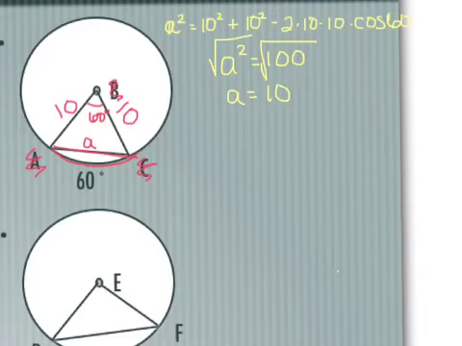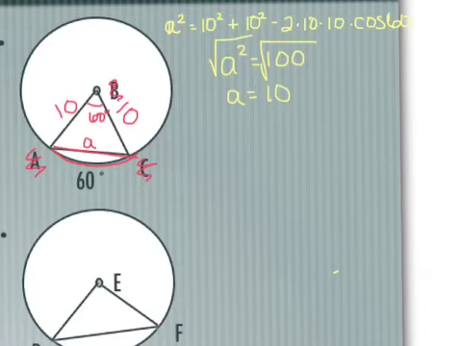That should make sense because if these two sides are equal, and this angle is 60, these two angles have to be equal. If I subtract from 180 and divide by 2, these two angles are also 60. This is an equilateral triangle when this is 60 degrees. So 10, 10, 10.